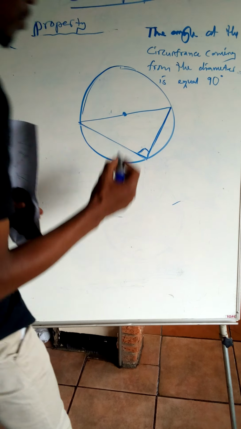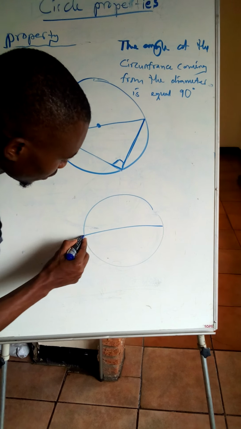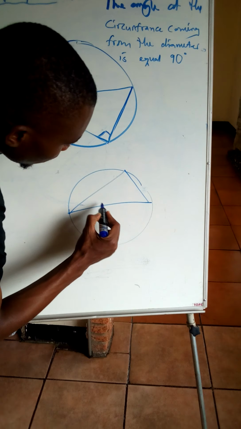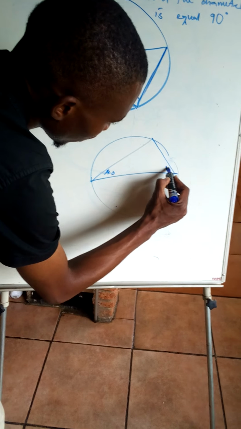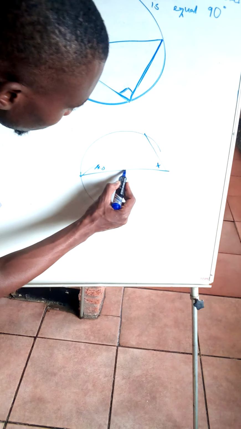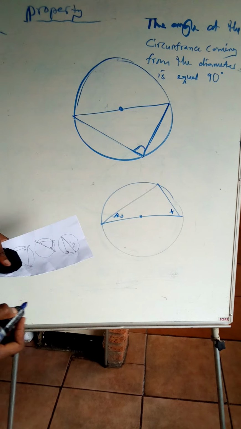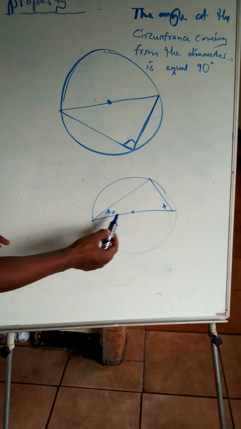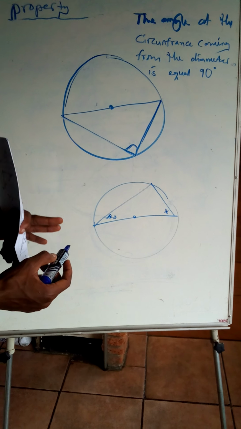So, for example, if they give us, let's say, here 40 degrees, and there X, we want to find X. Notice that this is a diameter. We will use this property to find X, since we already know that all the angles in a triangle are supposed to add up to 180 degrees.